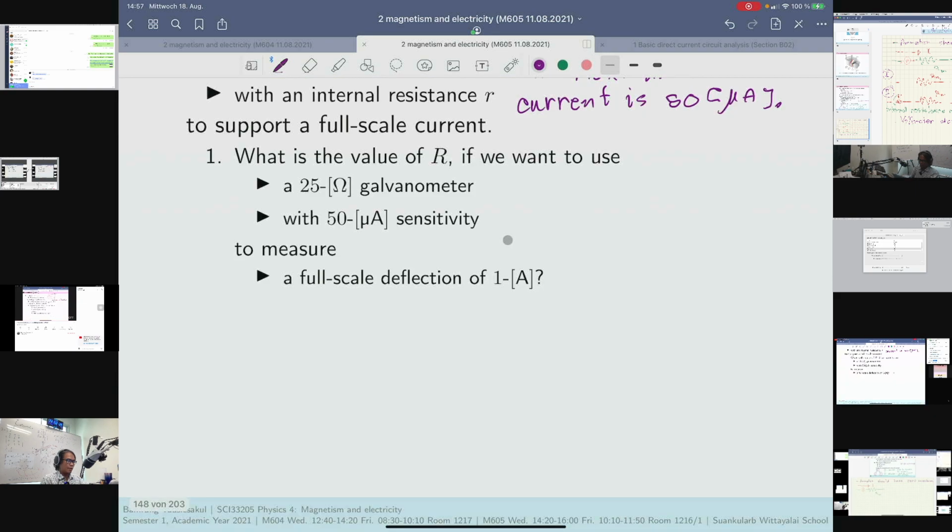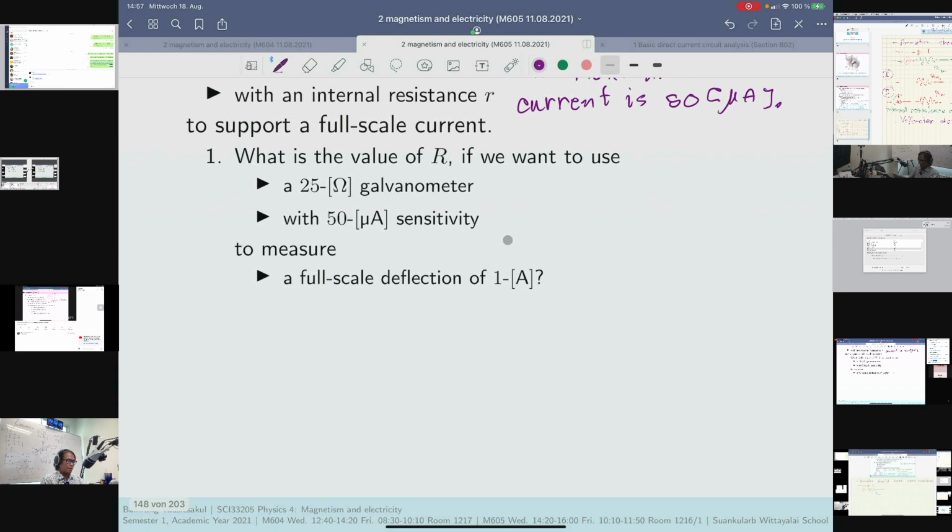so this is the desired value, we want to make the ammeter from the galvanometer to accept the current of 1 ampere. So you have here the internal resistor and the galvanometer, this is the ideal galvanometer with zero internal resistance, and you just add a resistor.